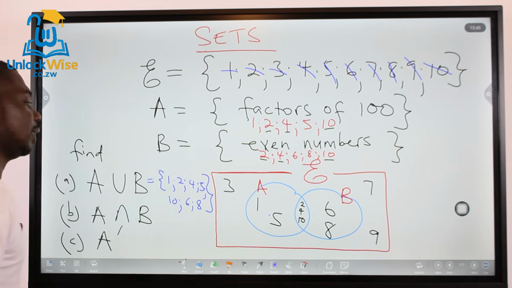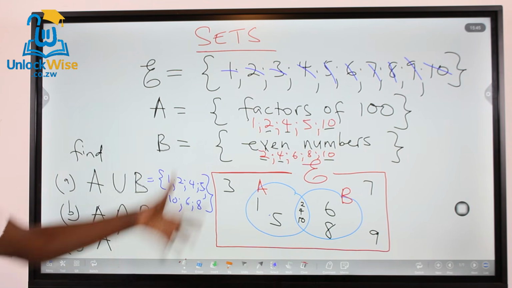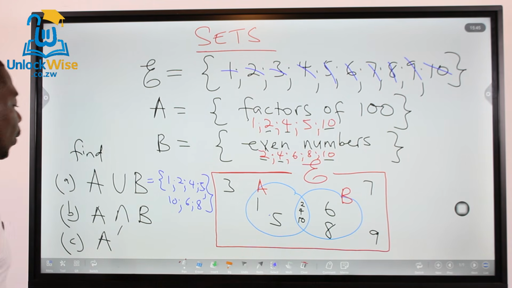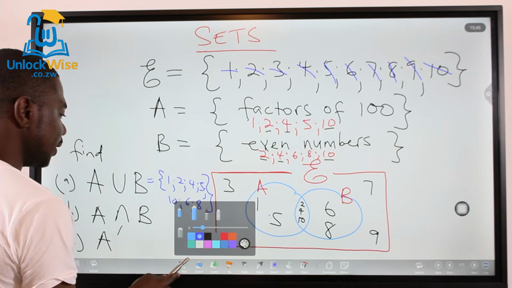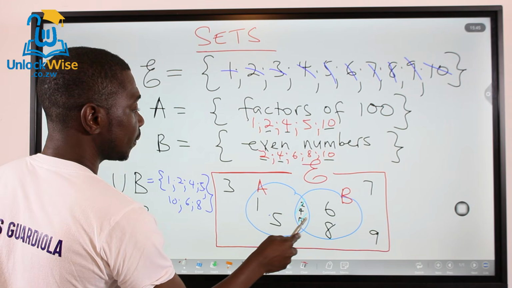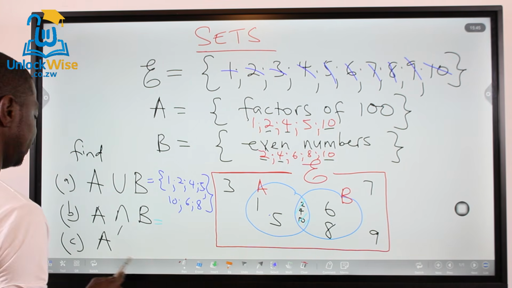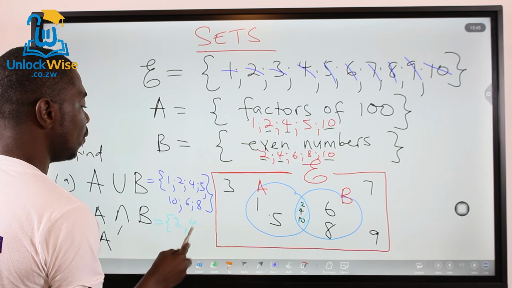Sorry, they had to mix each other. I tried to keep them in order, but you get the idea. Now, we want A intersect B. A intersect B is this region. So A intersect B will be 2, 4, and 10.